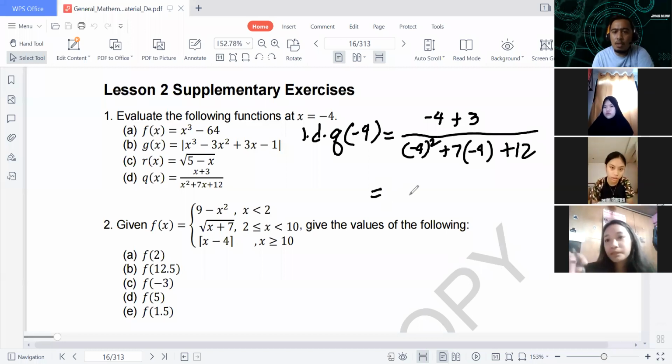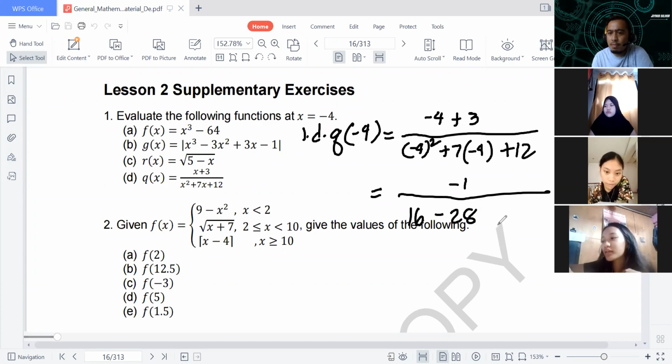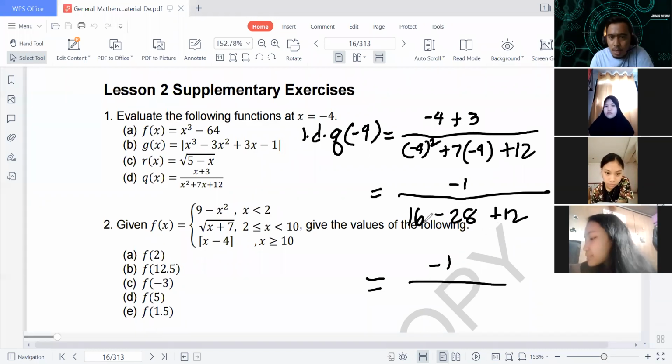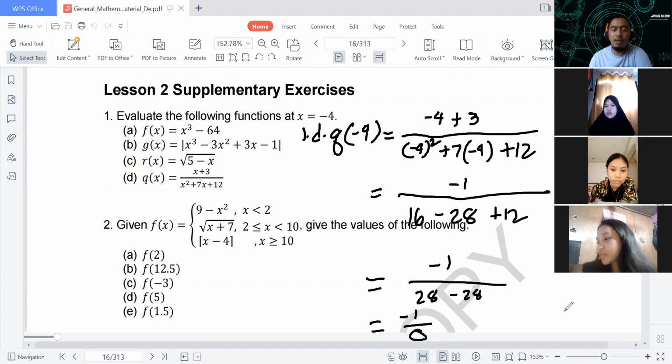Then you will simplify it further. Obviously, the answer above is -1. While here, it becomes positive 16. This becomes negative 28, right? Plus 12. So it becomes -1 all over 16 plus 12, which is 28. So 28 minus 28 becomes -1 over 0, right?